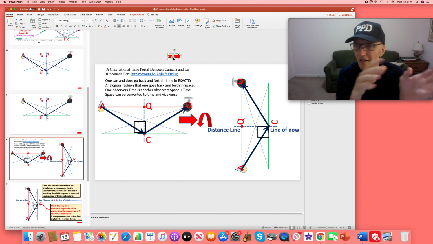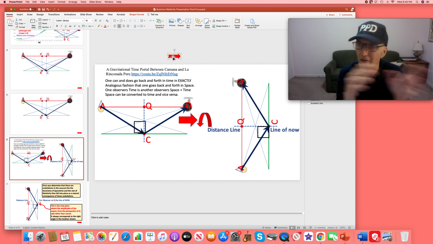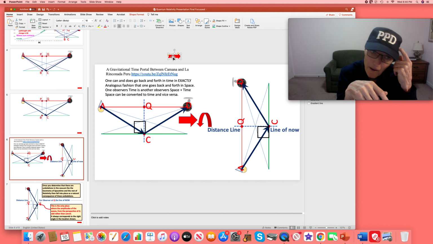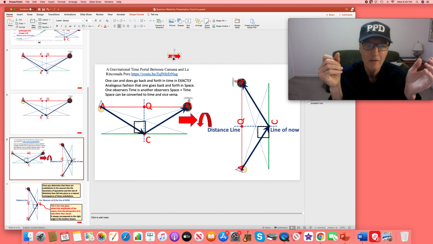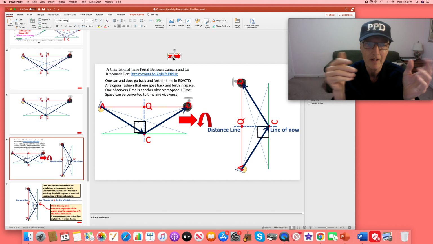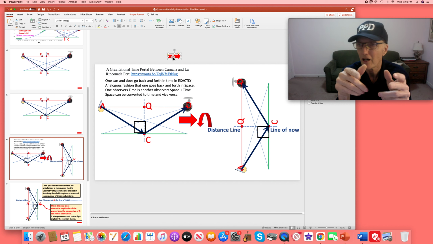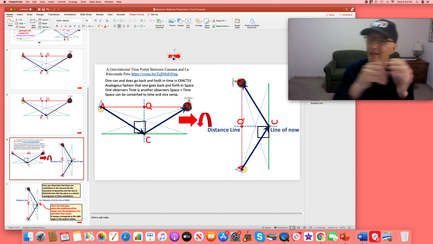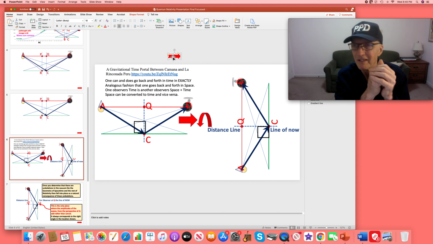So just like you convert mass into energy, you can convert time into space, and vice versa. One observer's time is another observer's space plus time. They are interchangeable, and really part of the same continuum.